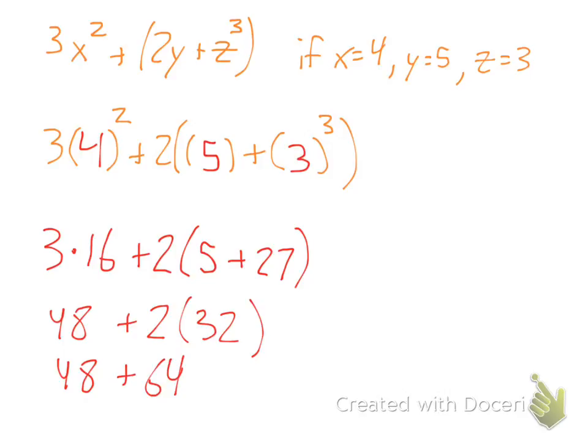Just realized I made a mistake, and nothing was said yet, but this 2 is supposed to be on the y. So that would have been 10 inside here, not 2 times this whole entire quantity. So this is what I'm going to do. I'm going to go up here and erase it and move it to the outside.